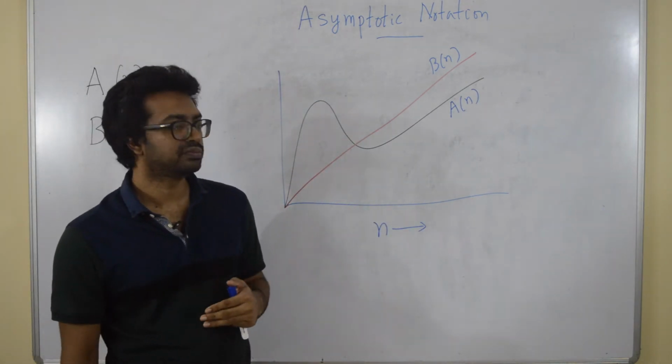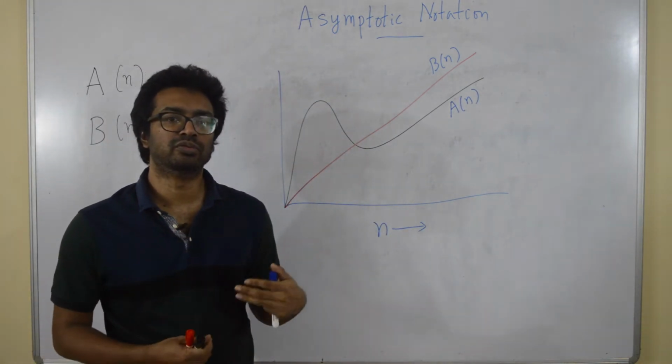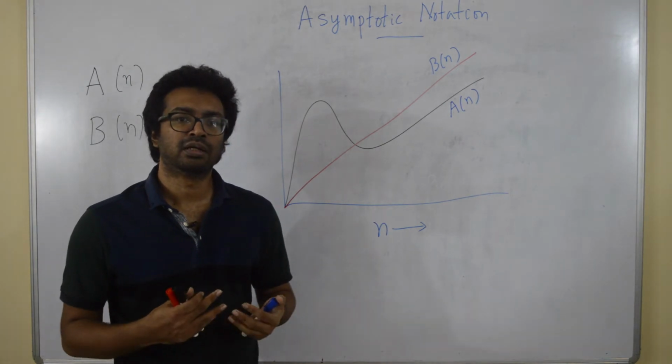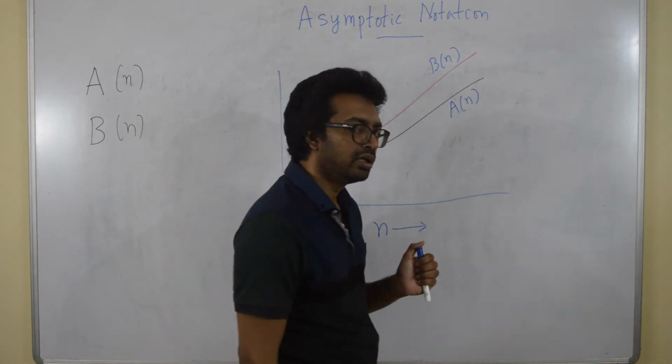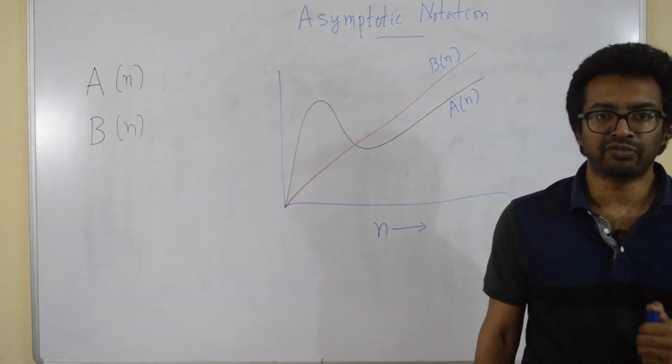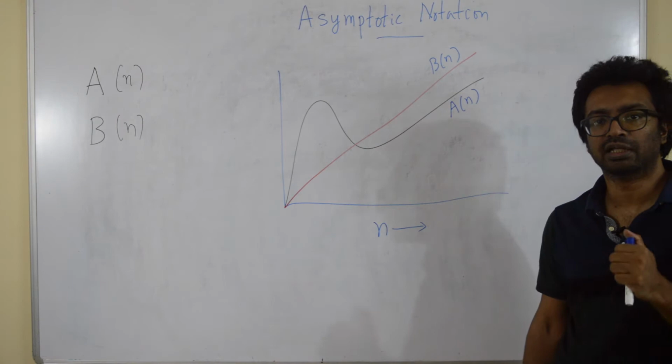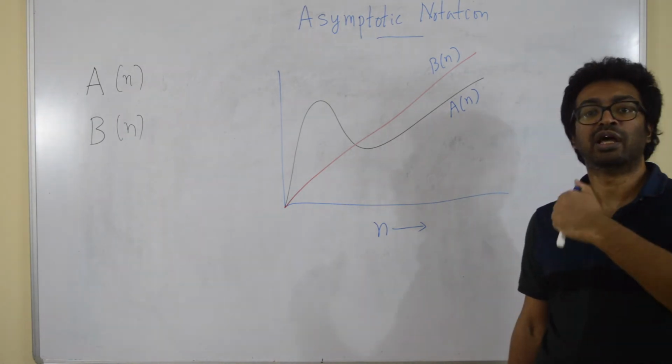So therefore, our analysis is also going to be skewed for large input. So we are analyzing to say when is an algorithm better than the other when you are getting large input.